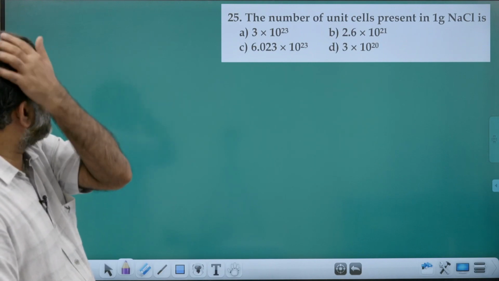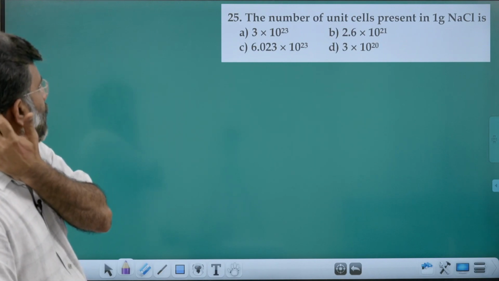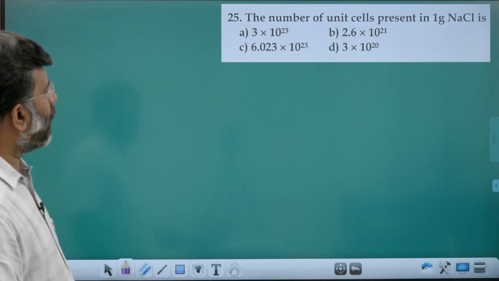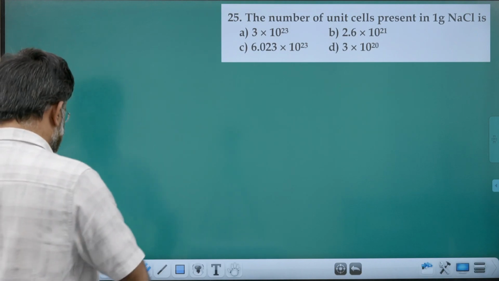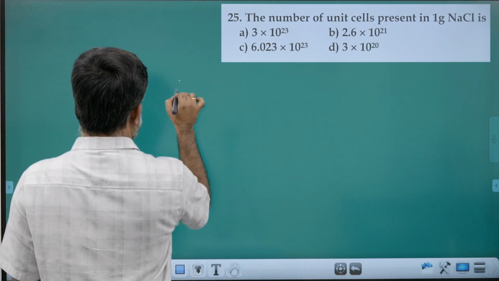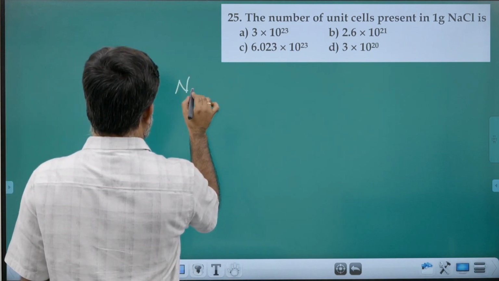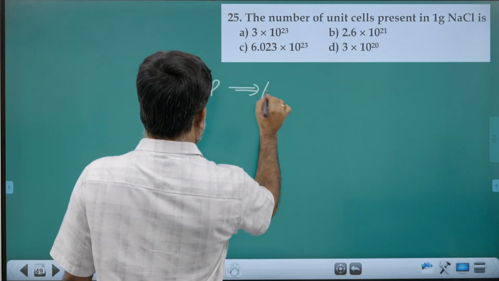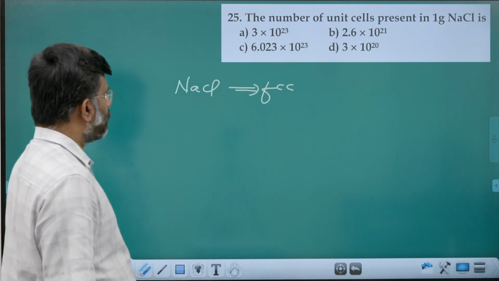Number of unit cells present in 1 gram NaCl is. My dear children, NaCl makes rock salt arrangement. NaCl goes for FCC system.